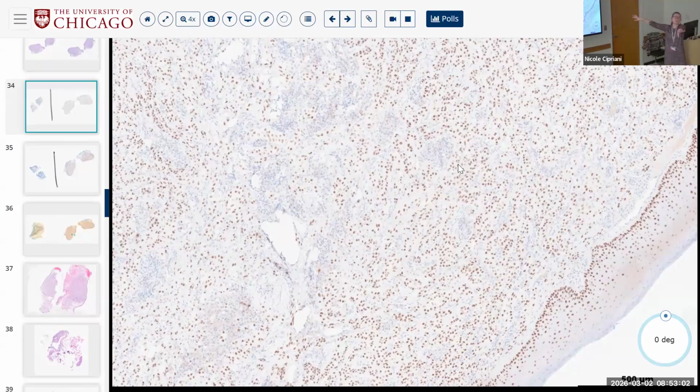I haven't even mentioned keratin because it's positive in everything, right? So I don't tend to use keratin when I know I'm dealing with an epithelial neoplasm. But let's say you're in soft tissue of the thigh.